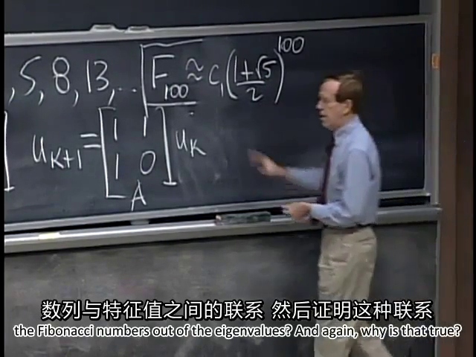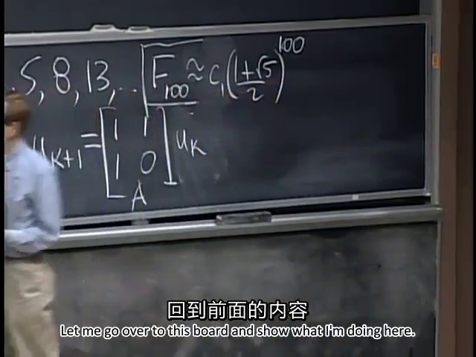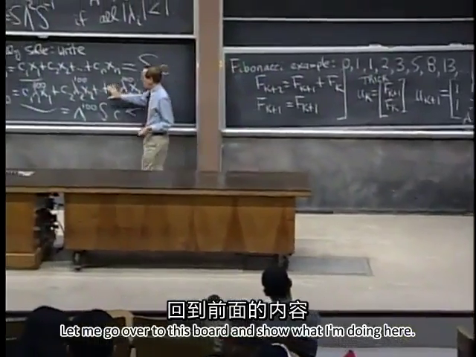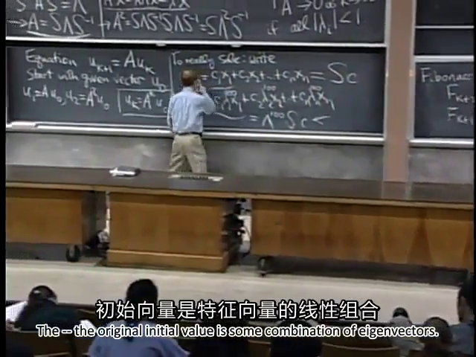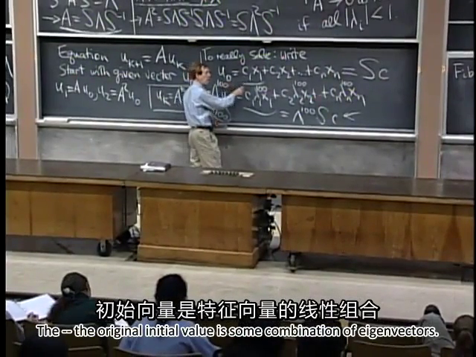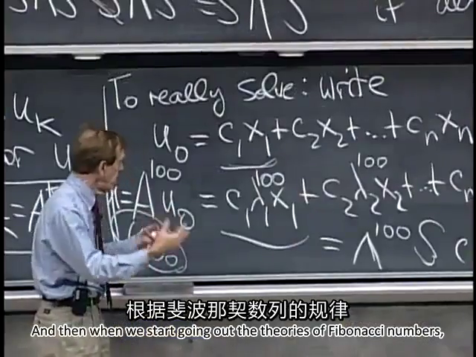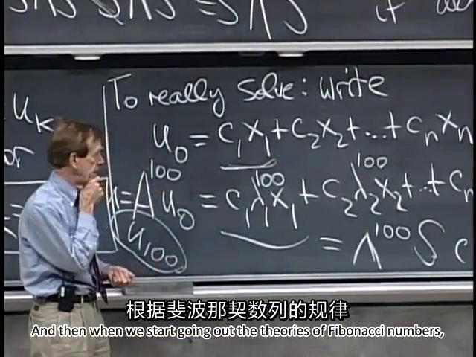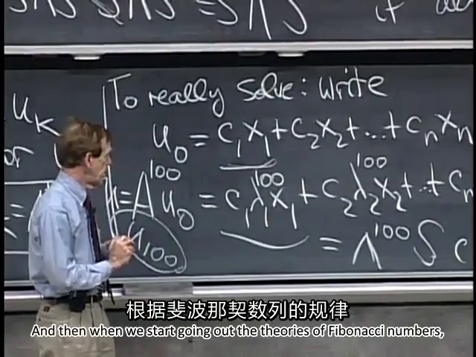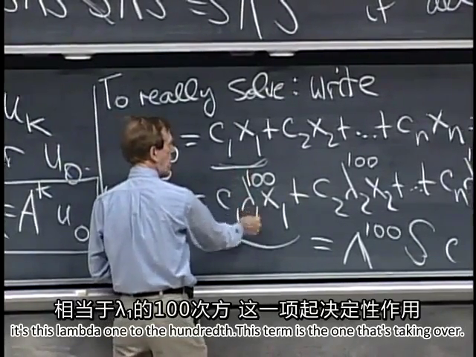Okay. And again, why is that true? Let me go over to this board and show what I'm doing here. The original initial value is some combination of eigenvectors, and then when we start multiplying by A 100 times, it says lambda 1 to the 100th.